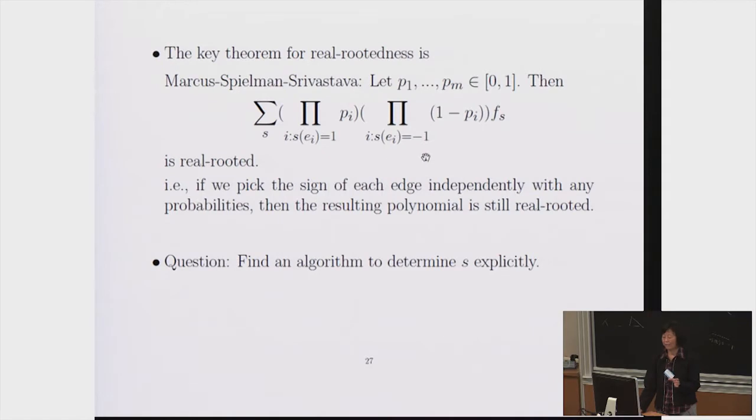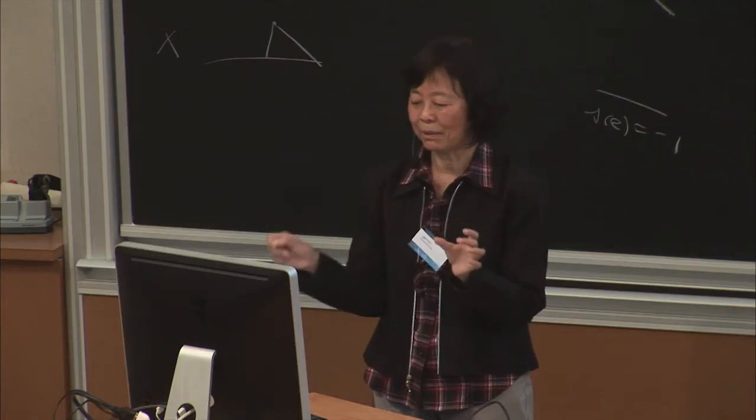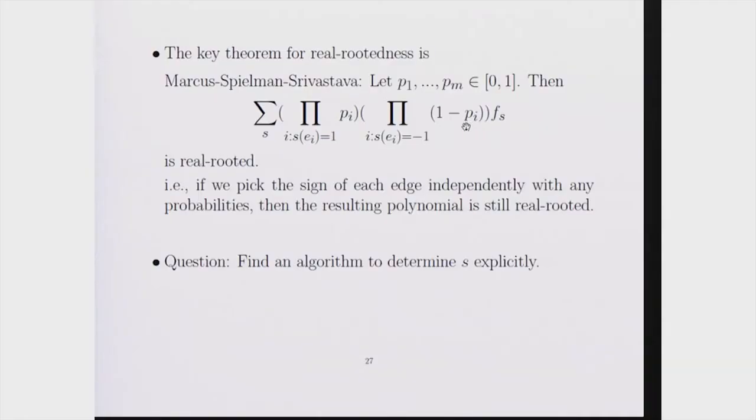They show that for each edge, there's a signing, either plus 1 or minus 1. If we pick the signing of each edge with any probability between 0 and 1, so that if the signing is 1 it has probability p_i, then minus 1 has probability 1 minus p_i, and we pick the probability for each edge independently, and sum them, the result again gives a polynomial with real roots.